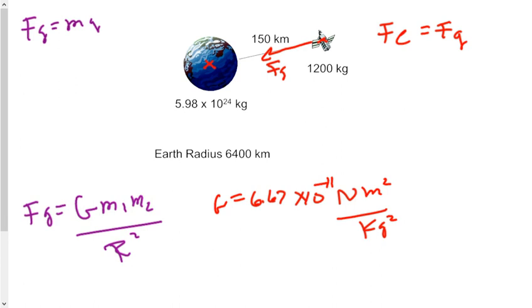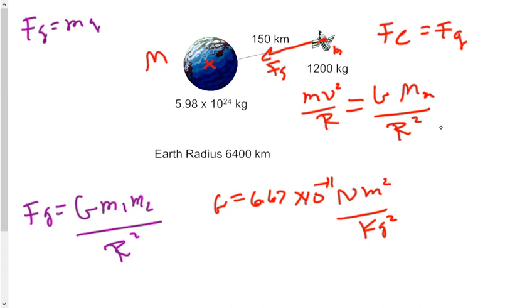So we're going to use little m for the satellite and big M for the mass of the Earth when we use this equation. The centripetal force acting on the satellite would be m v squared divided by r. We're going to set that equal to the force of gravity between those two, so it'd be G big M little m, divided by r squared.